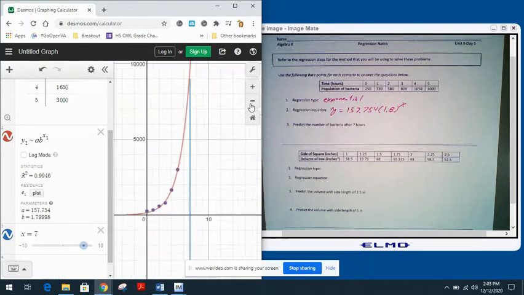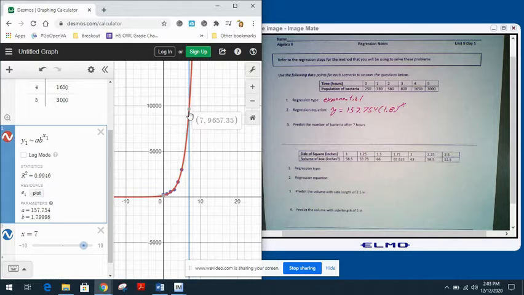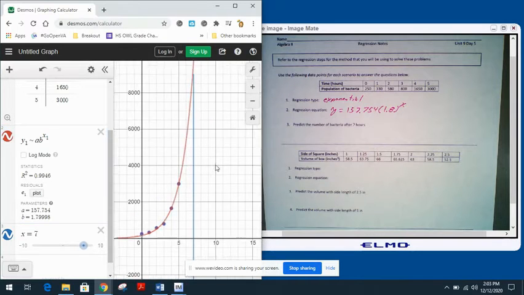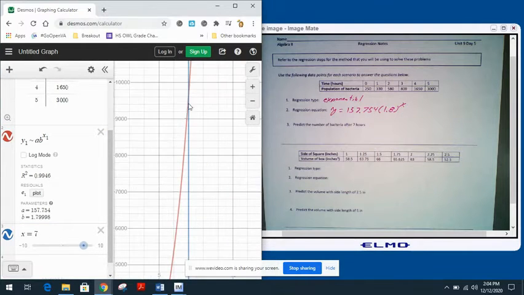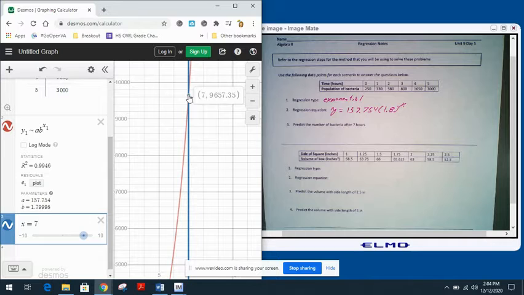So I have to zoom out a little bit. And there you go. The bacteria value would be 9,657.35. So that's just taking 7 and plugging in where x is. And you could do that by hand as well. So you could rewrite everything and put that in there.